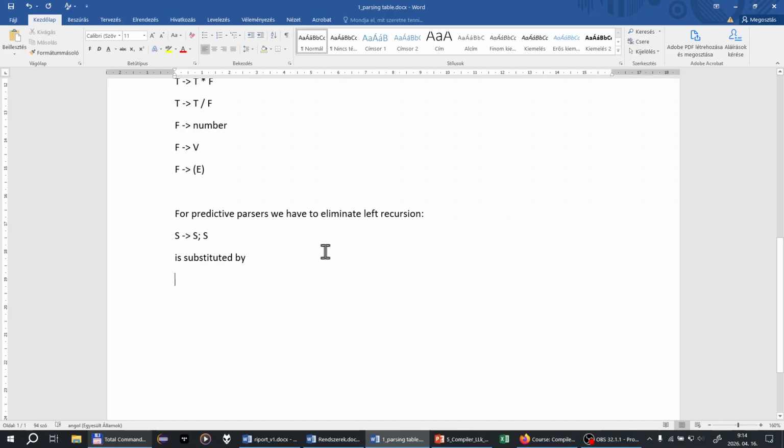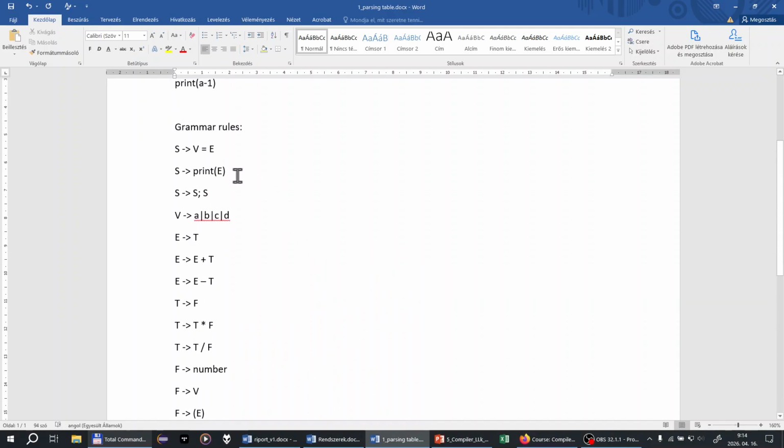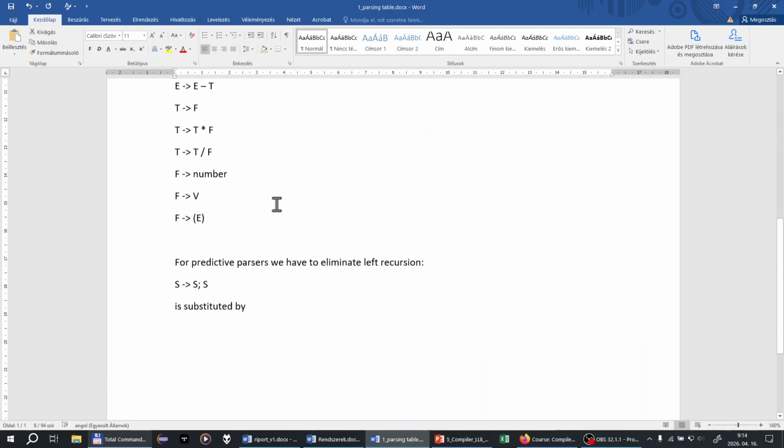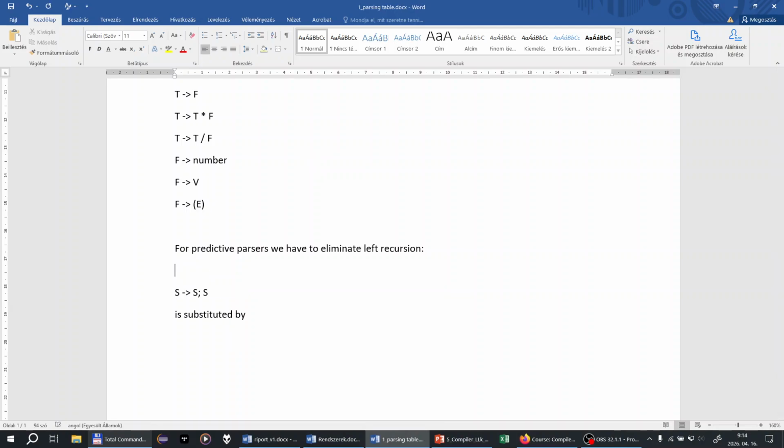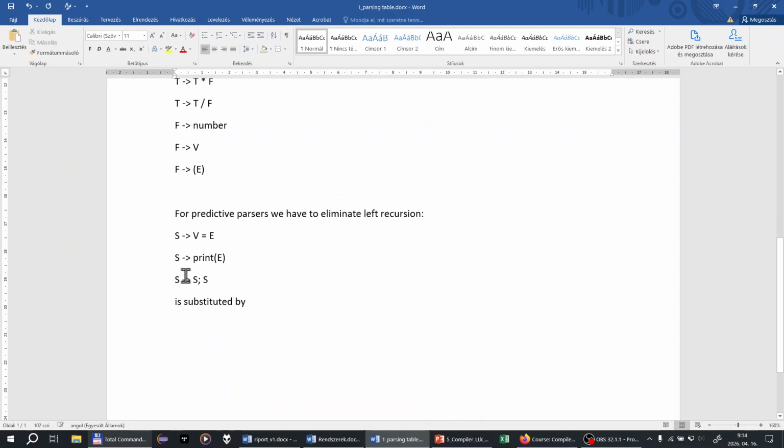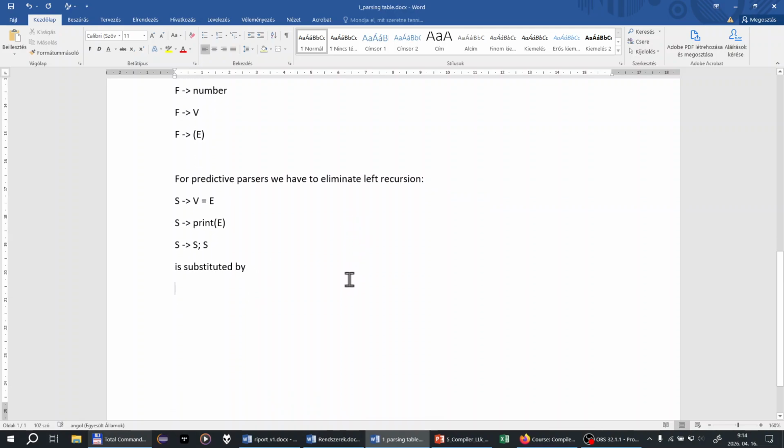So we have to identify the rules. We have the expressions which do not start with S, and then the remaining part which starts with S. So in this case we have these two rules, and both are followed by S prime.